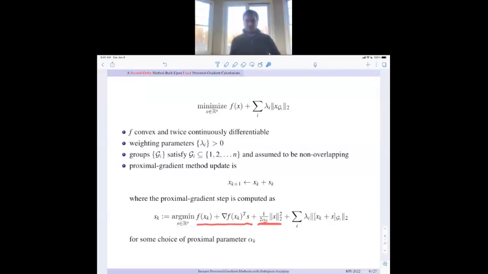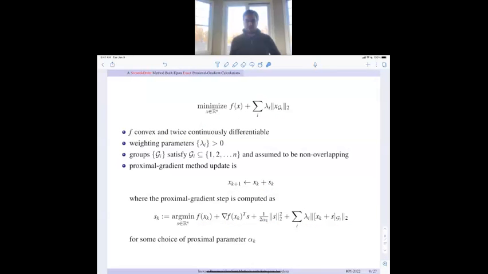This is some sort of regularization added to the step. And then we have here explicitly the regularizer itself. So this is known as the proximal gradient step. And if you just use this iterative procedure, under certain assumptions, the iterates will converge to a solution of your problem.